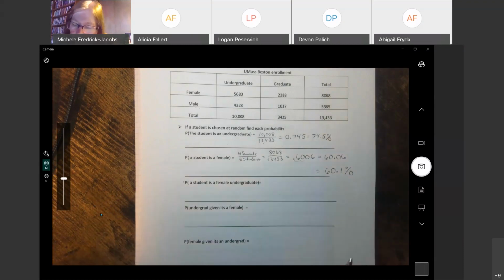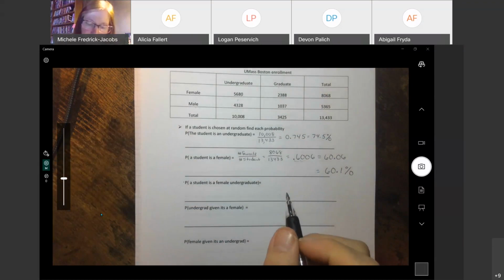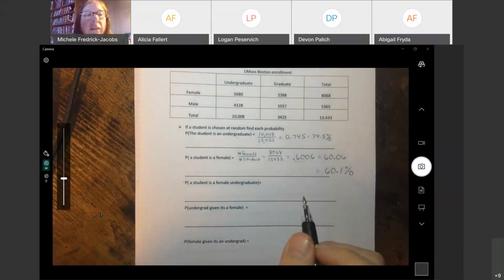So again, write the percent, 1 decimal place. Getting 42.3%.